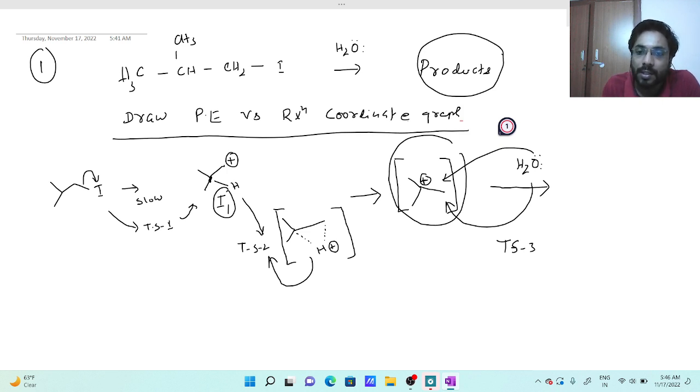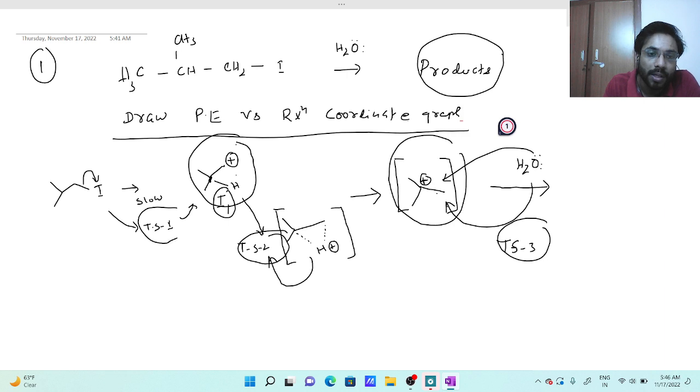This was the intermediate, right? So beside this, TS3 is there, TS2 is there. This was also an intermediate, isn't it? So beside this intermediate, two TS should be there, TS1 and TS2.